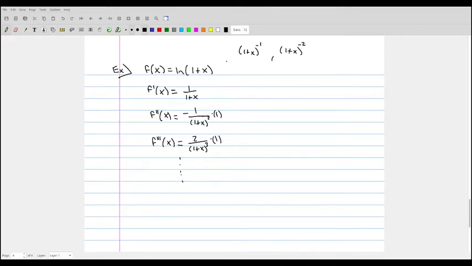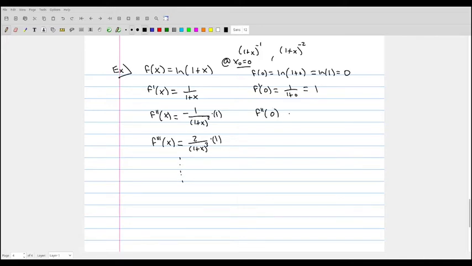But at the expansion point, which we'll take to be 0 again, you get that f of 0 is going to be the natural log of 1 plus 0, which is the natural log of 1, or 0. F prime at 0 is going to be 1 over 1 plus 0, which is 1.